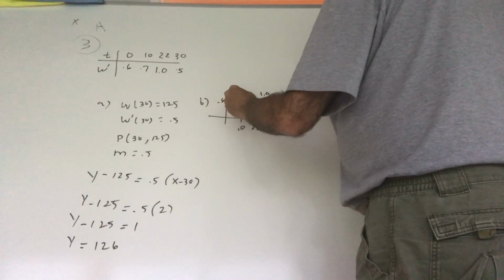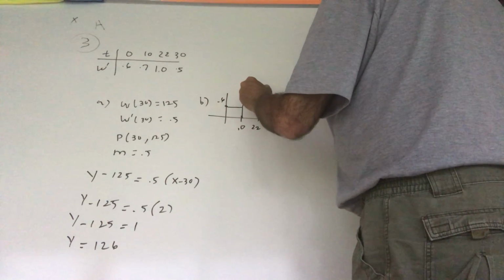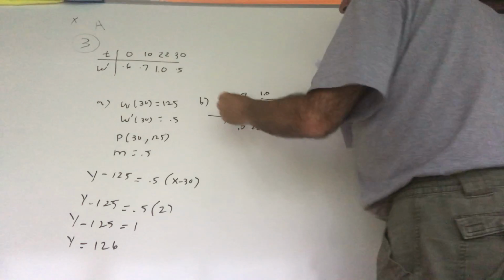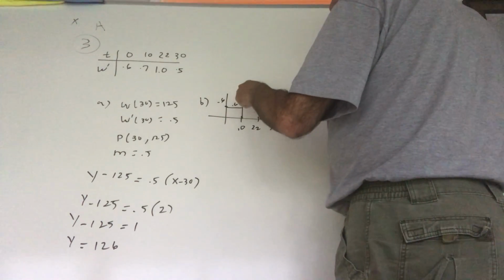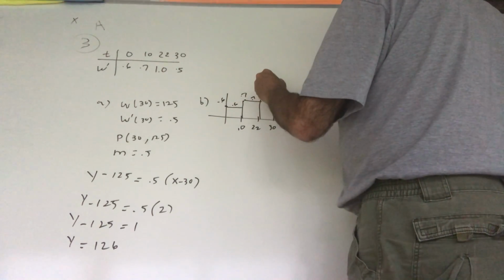Now be careful using left-hand Riemann sums. So this one's going to be 0.6, not 0.7. This is going to be 0.7 and then 1.